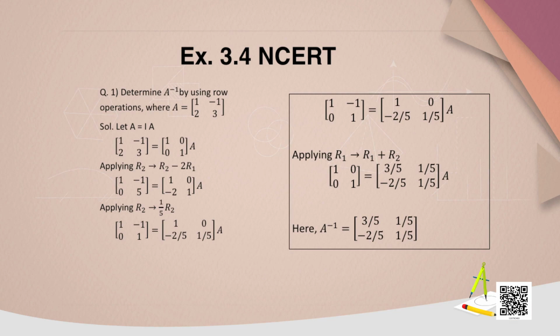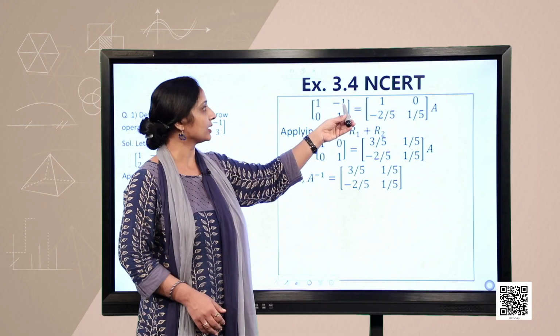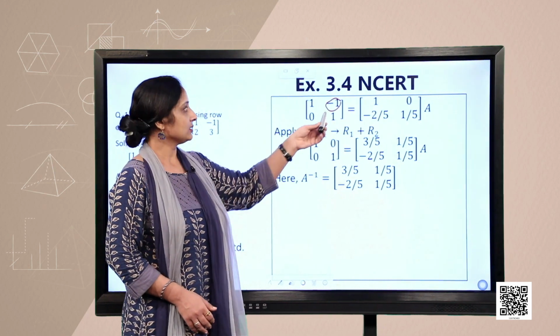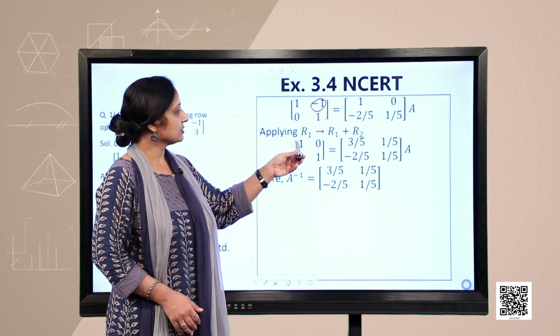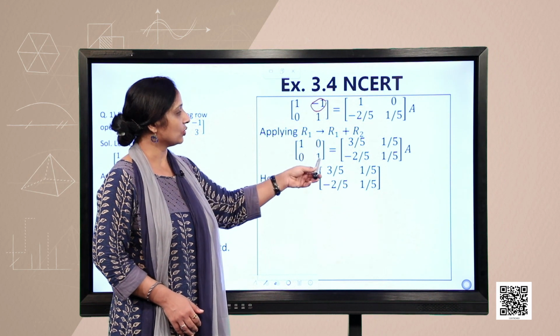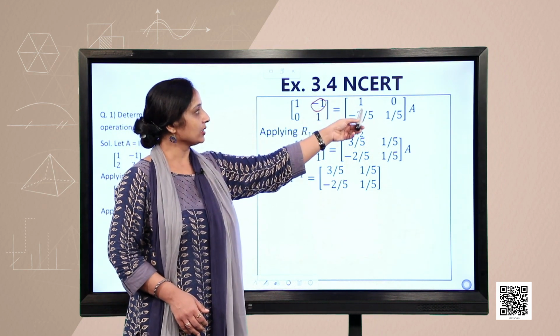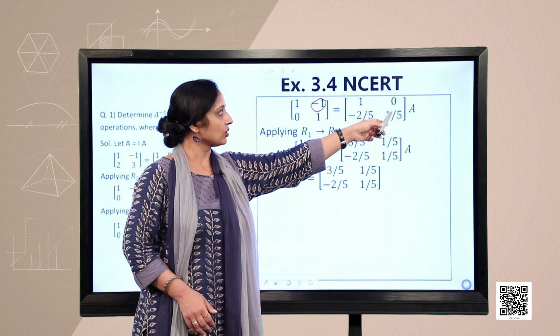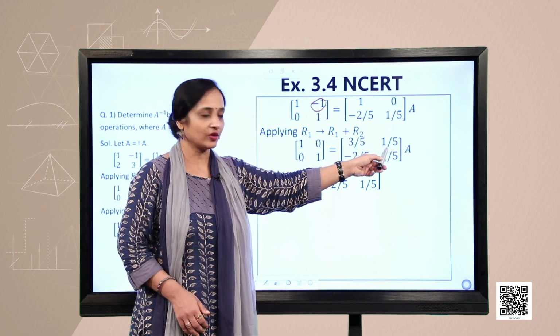This was the matrix in the previous step. Then you apply R1 changes to R1 plus R2. Why so? Because I need to make this element minus 1 as 0. So I am adding these two elements. So this becomes 1, 0, 0, 1, and change here: 1 minus 2 by 5 gives you 3 by 5. 0 plus 1 by 5 will give you 1 by 5.